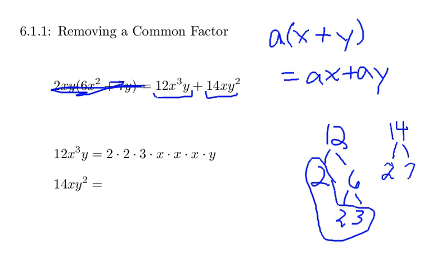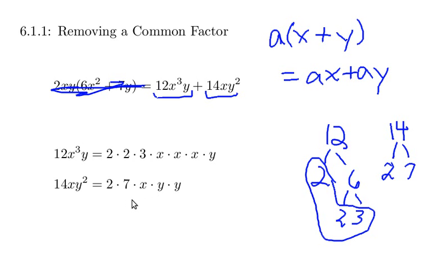And then we have 1 x, and then 2 y's. So we have 2, 7, x, y, y. Again, all I did was expand these out. I just said 14xy squared. So 14 is 2 times 7, that's the prime factors of 14. We have 1 x and 2 y's.